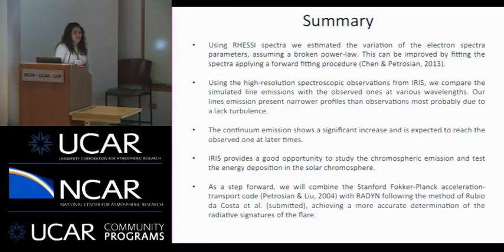Previously, I think Peter was mentioning that it cannot be due to turbulence. We have to look into it. The continuum emission shows an increase, and we expect to reach observed increases at later times. IRIS provides a good opportunity to study the chromospheric emission and test the energy deposition of the solar chromosphere. And as a step forward, we want to combine the Fokker-Planck equation with the Radin code.